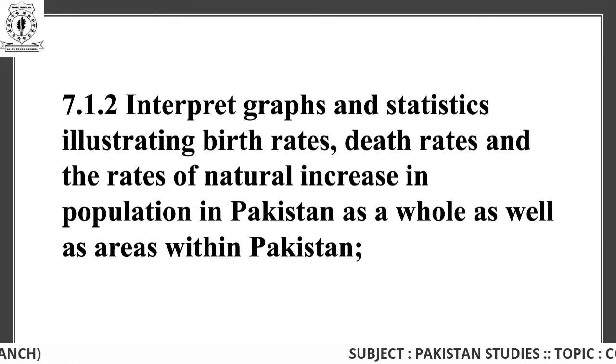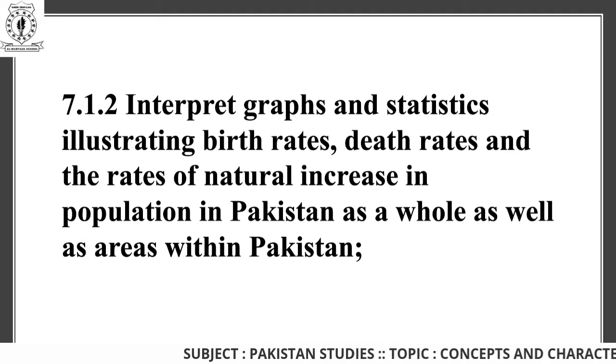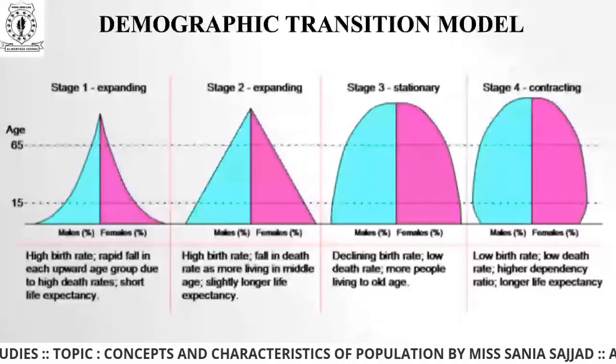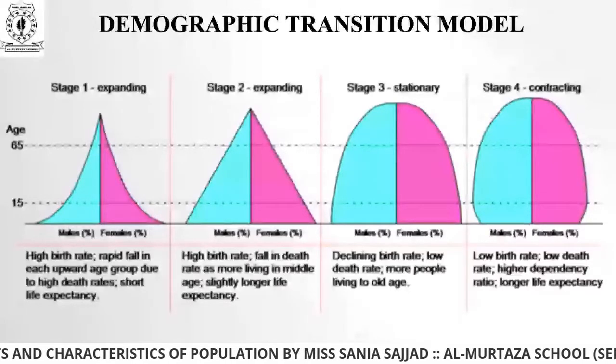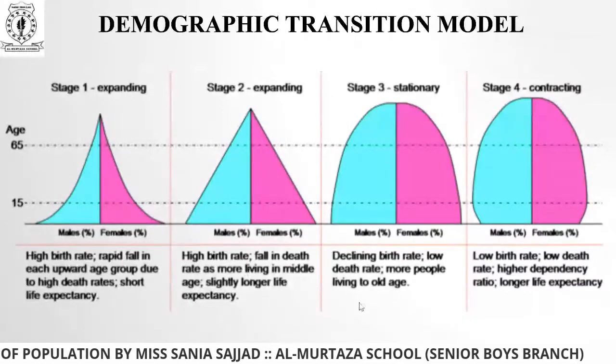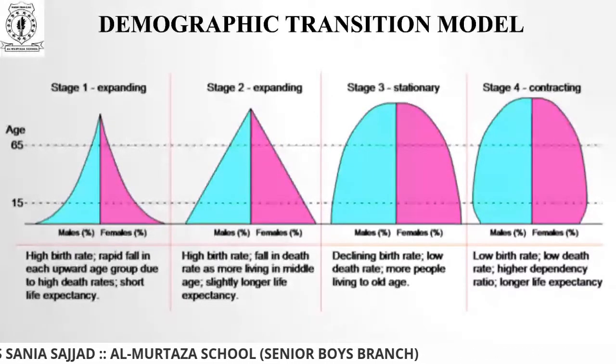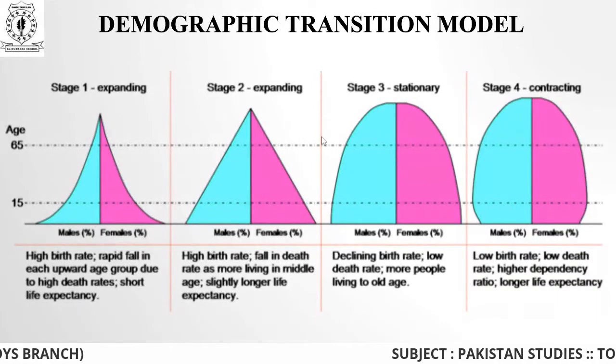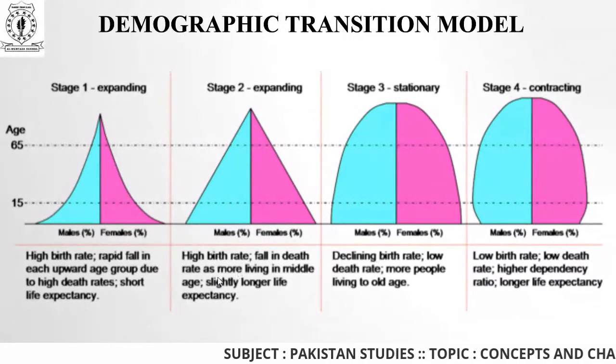But before moving forward, let me give you a quick recap of the demographic transition model, which we have already studied in the previous classes. So definitely you are now familiar with what exactly the demographic transition model is.